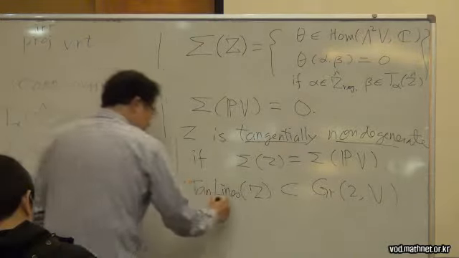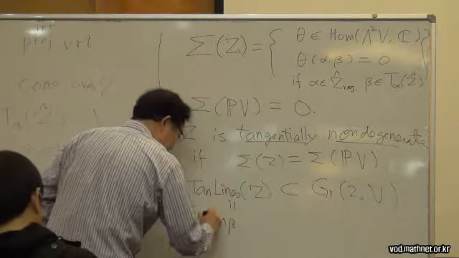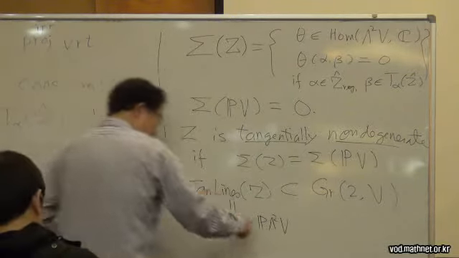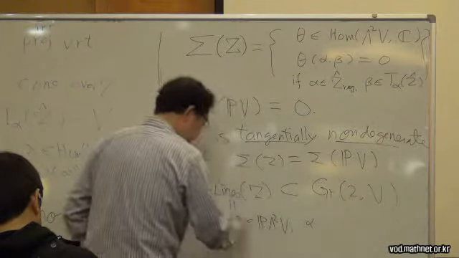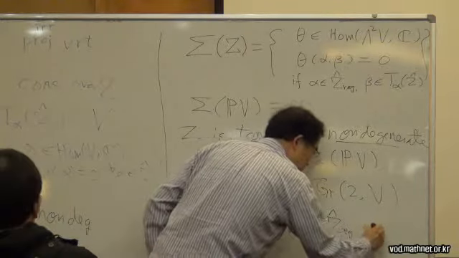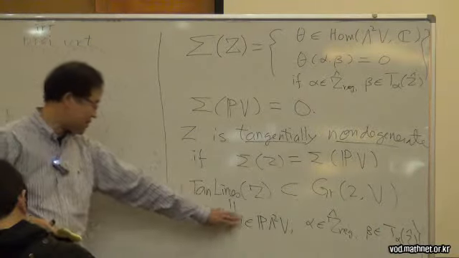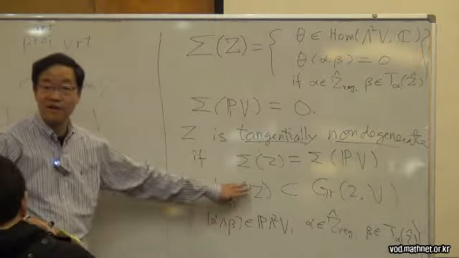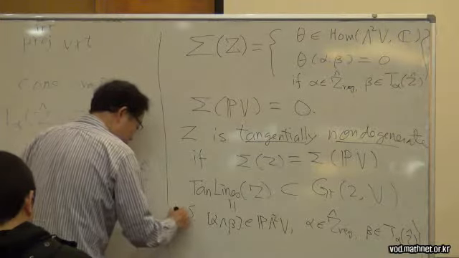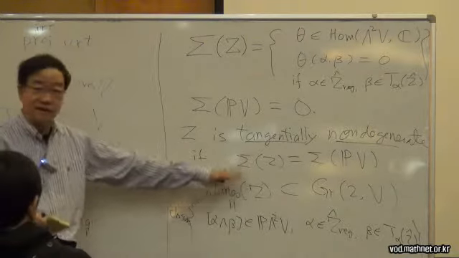And tangent lines, this is defined as the linear combinations, the exterior combination of... so this is a collection of tangent lines to the variety, lines tangent to the variety, and you take the closure of this thing. That's exactly the variety of tangent lines inside the Grassmannian.